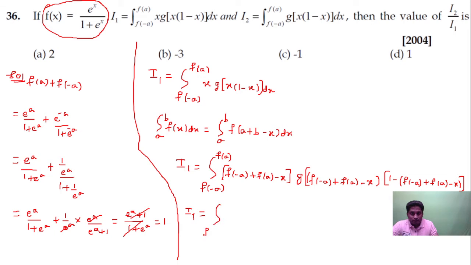integration of f of minus a, this is f of plus a. Okay, f of minus a plus f of a will be equal to 1, just now we proved. So this is 1 minus x, into g of 1 minus x, again this is g of 1 minus of bracket 1 minus x, and then dx.